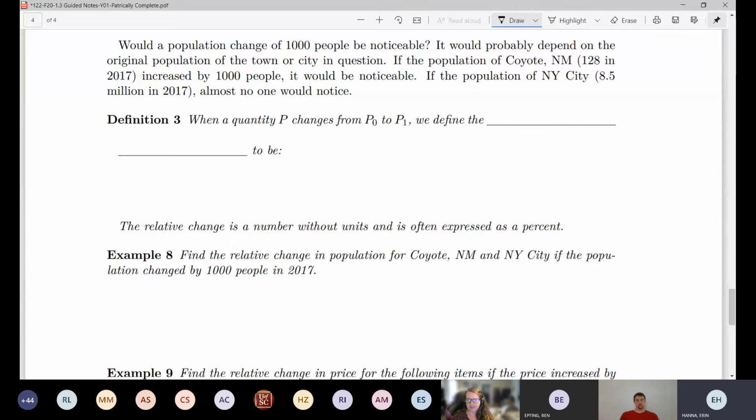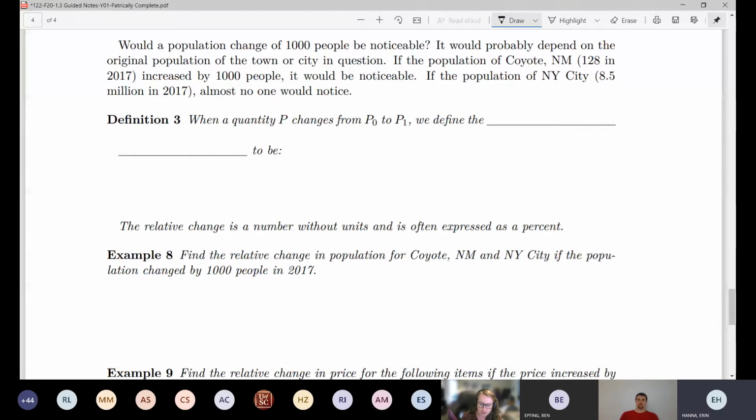But if you're up in New York City, where in 2017 there's 8.5 million people, probably no one's going to notice an extra 1,000 people sneaking in. So it depends on where you started versus where you end. That's the idea of relative change: it tells us the amount we're growing by or decreasing by.